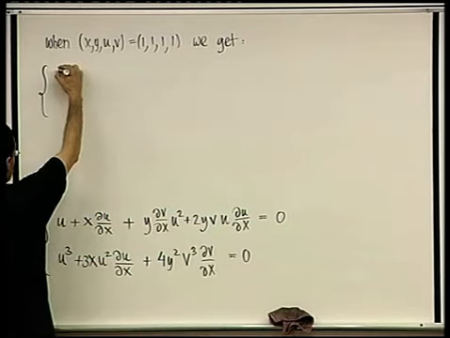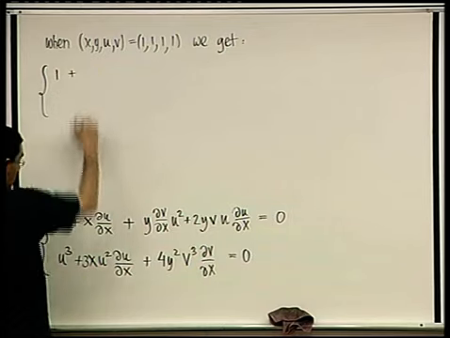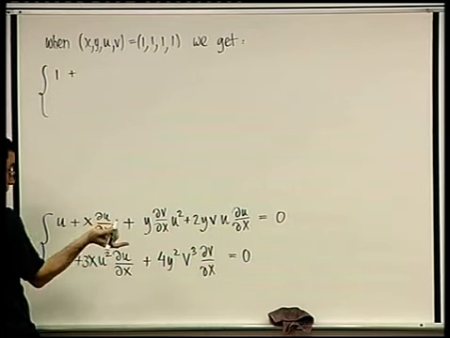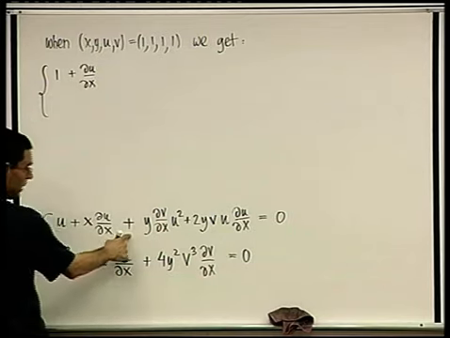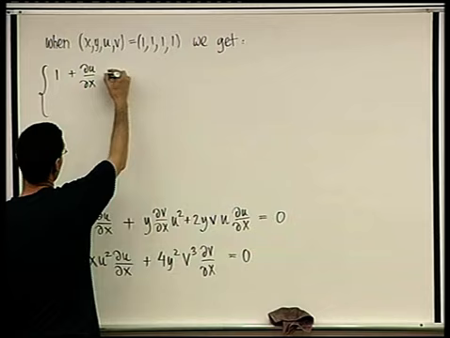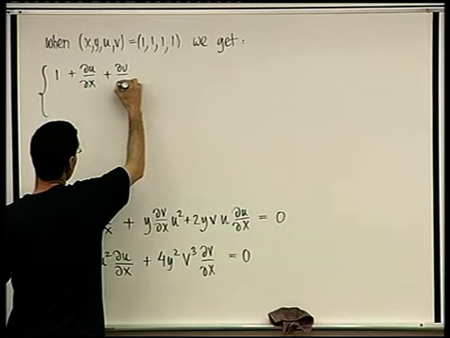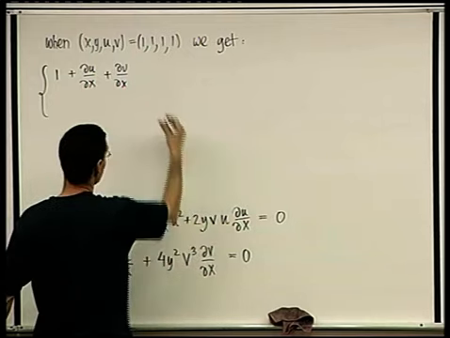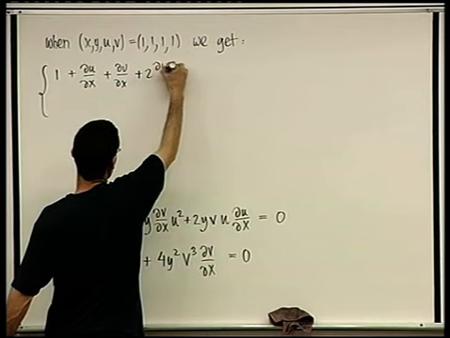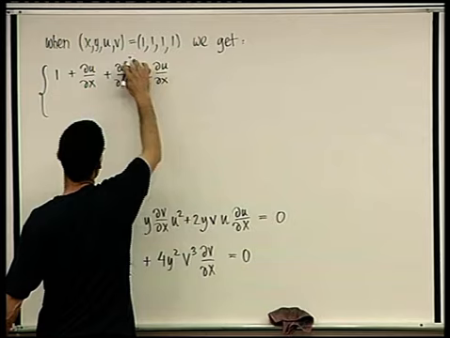U is 1, plus x is 1 times du/dx, which I don't know what it is, du/dx, plus y is 1, u is 1, so plus dv/dx, plus 2 times 1, 1, 1, plus 2 du/dx. This is v.